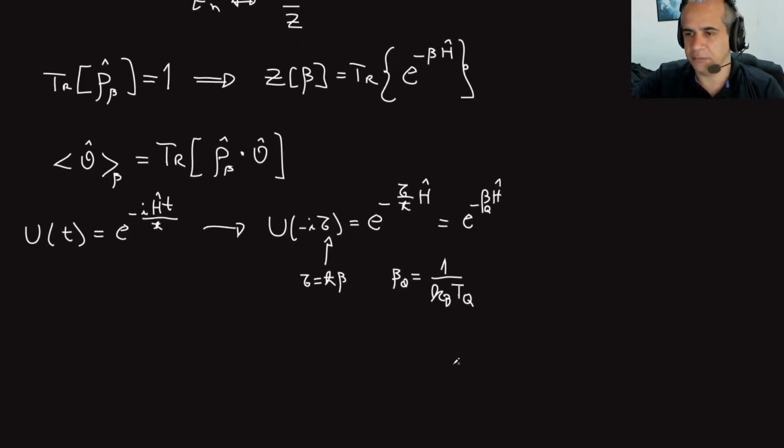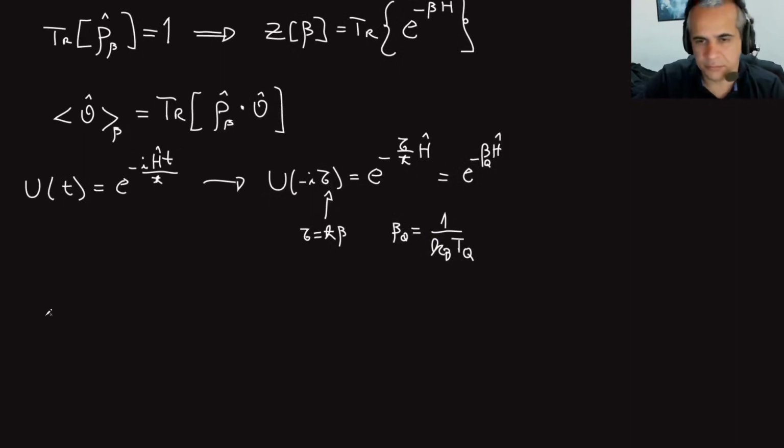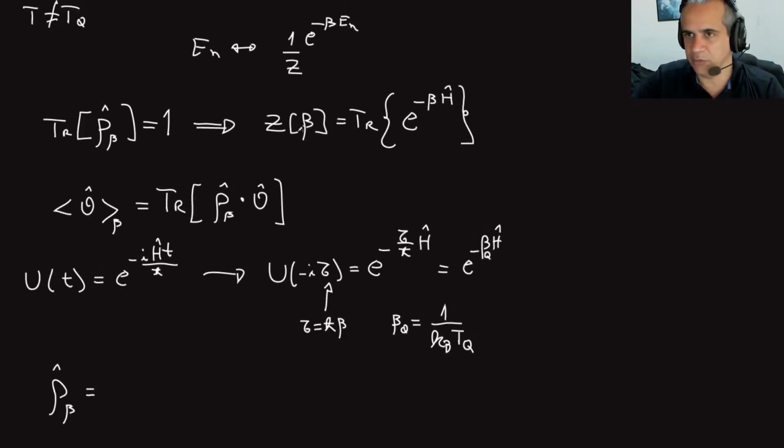That means the density matrix can be written in terms of this evolution operator, because in fact that's exactly what shows up here for different temperatures, of course.